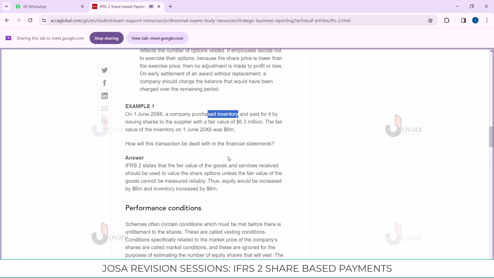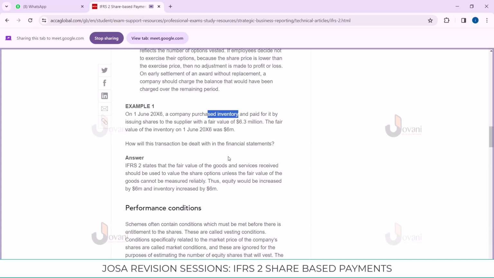But if you cannot get the fair value of the goods that you've received, then use the fair value of the options at the grant date. Is that clear with everyone? Yes, it is clear.